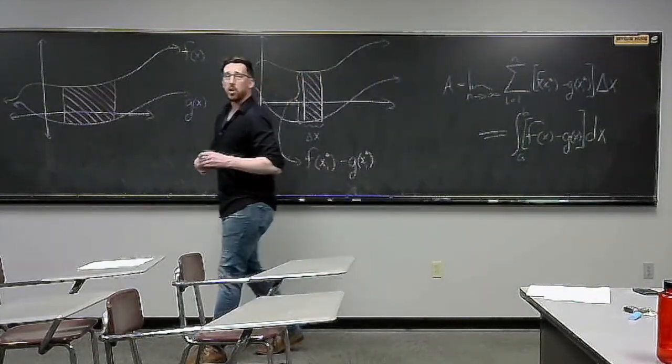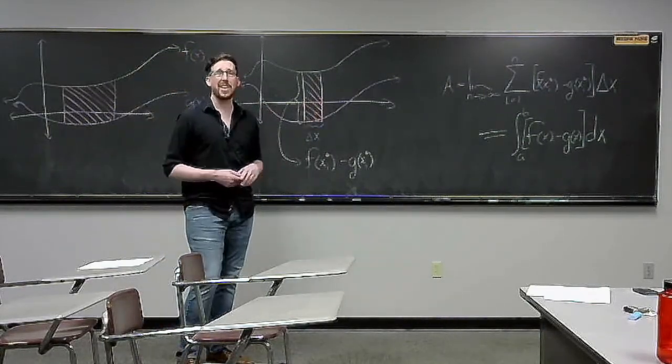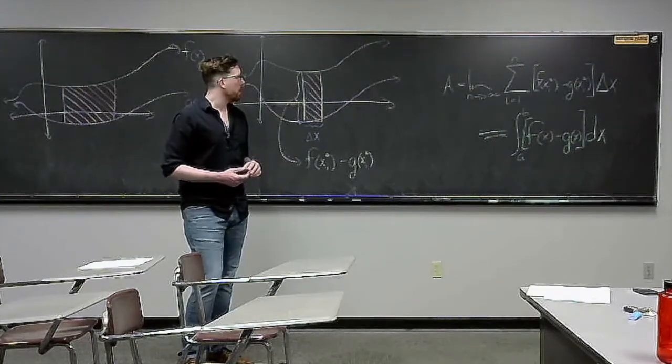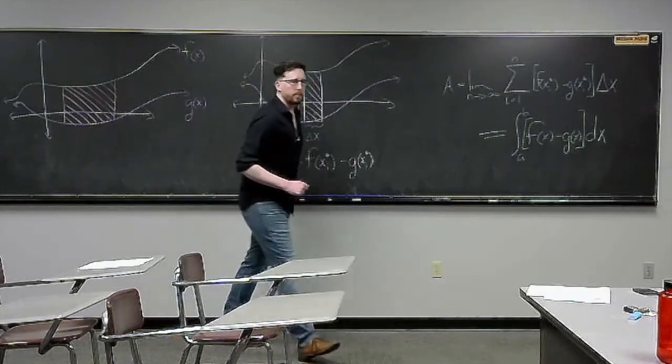So this is how you find the area between two functions. You just take the difference and you integrate. The end. That's all there is to that. So having said that, let's look at a quick example.